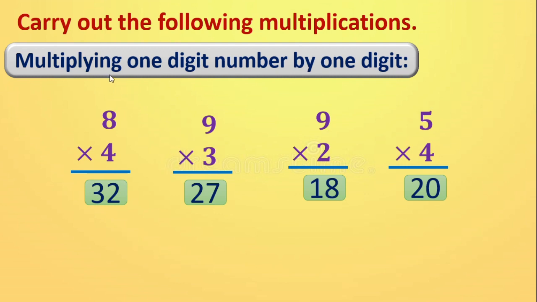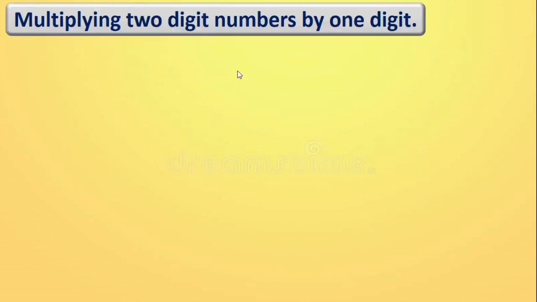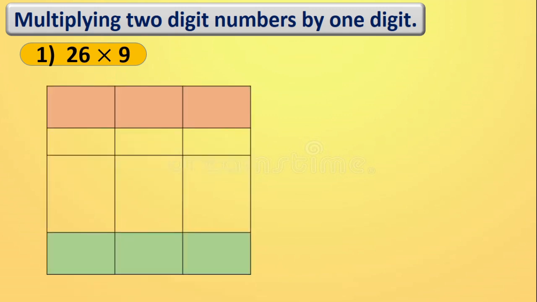Now we will move to 2-digit multiplication by 1 digit. I will take the same number, that is 26 multiplied by 9. But here we will follow the vertical method. See, this is our table, unit, tens and hundreds place. Now we will write 26, 6 in the unit place and 2 in the tens place, multiplied by 9. This is in the unit place because it is a single number.